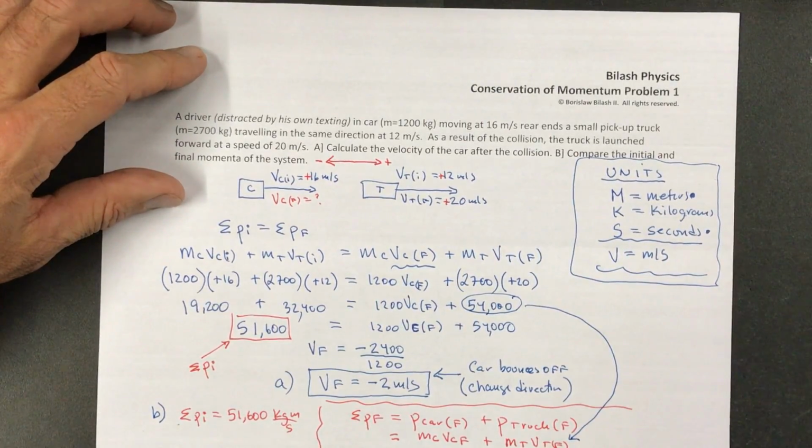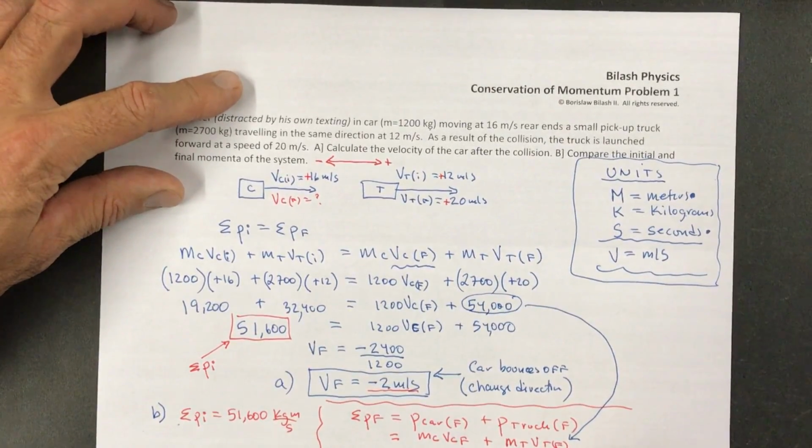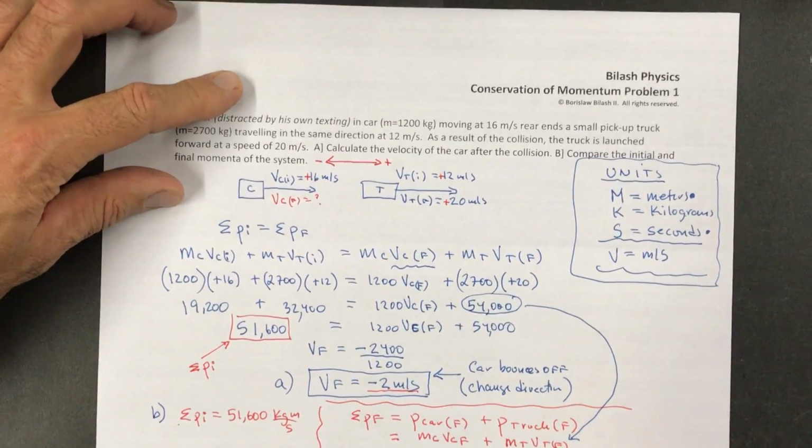So let's plug in the numbers. Mass of the car is 1,200. We just figured that out to be negative 2, right, that's over here, plus 54,000. I don't know why I keep saying 100. So the sum of the final momentum is going to equal, well, look at that, 51,600 kilogram meters per second.